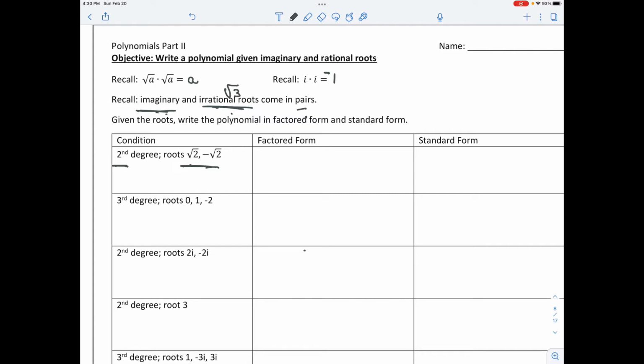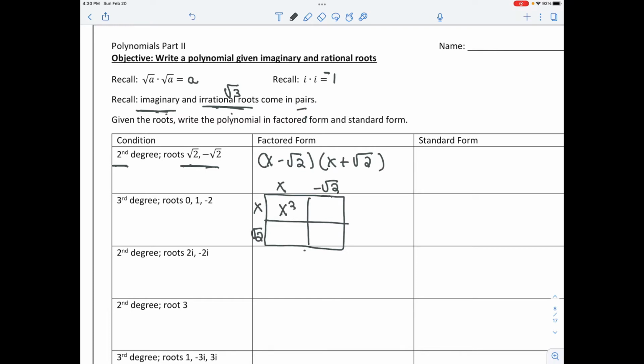So if I have roots radical 2 and negative radical 2, in factored form that's going to be x minus the square root of 2 times x plus the square root of 2. Now, to multiply these together, I'm just going to use a box. Because this is factored form, I want to put it in standard form. So I have x minus radical 2, x plus radical 2.